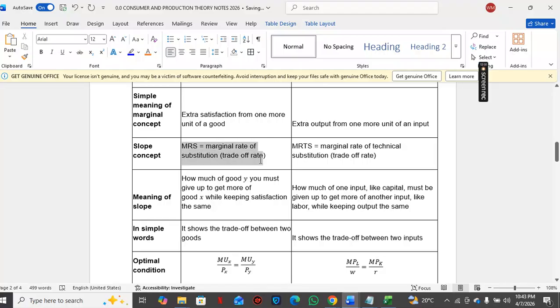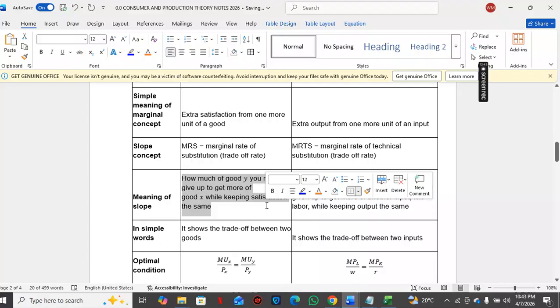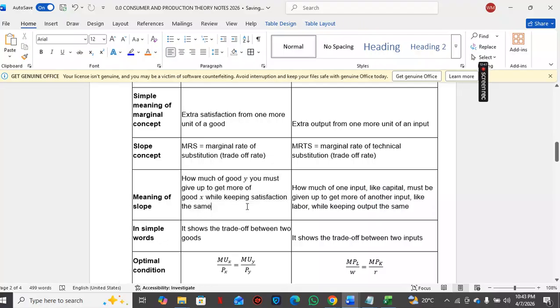Okay, so marginal rate of substitution. This is the meaning: how much of good Y you must give up to get more of good X while keeping satisfaction the same. That is the marginal rate of substitution.